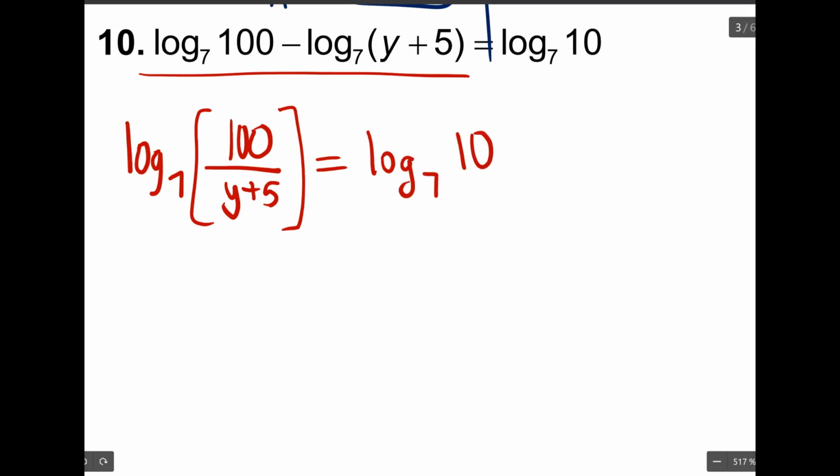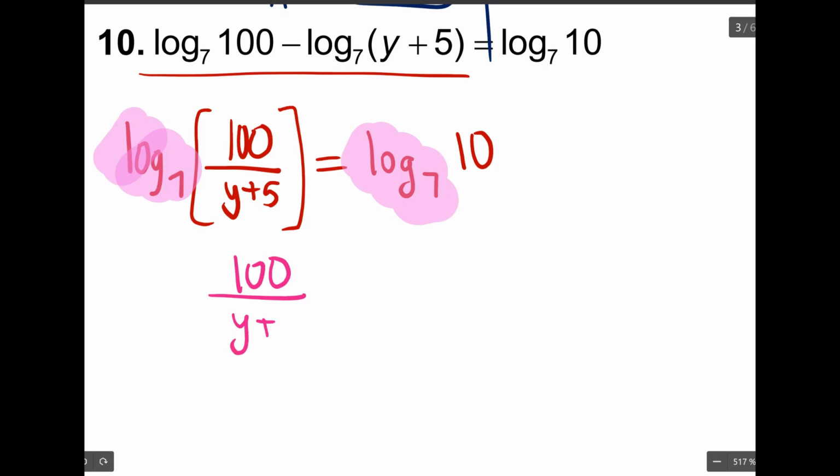Now what? Did you divide both sides by log base 7 of 10? Not divide, but since they both are log base 7, I'll just set the inside equal to each other. Right. 100 over y plus 5 equals 10.